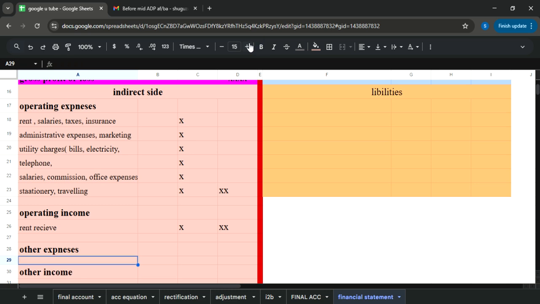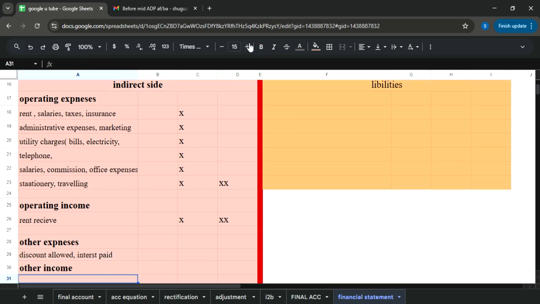Other expenses include discount allowed, interest paid, and other income will include discount received, interest received.